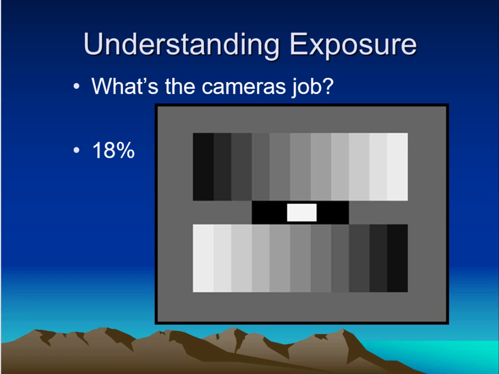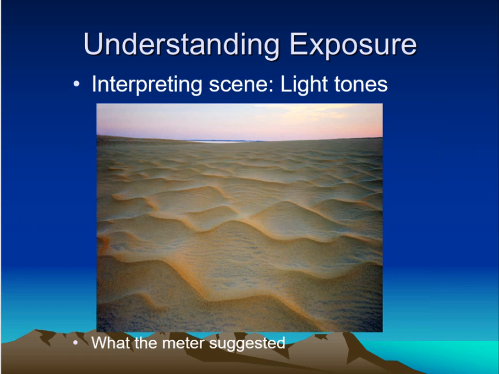Take all the tones of a scene, calculate how much quantity of each of those tones is in the picture, and then recommend an exposure, or if you're using automatic shooting modes like aperture priority, it'll pick it, and that's what you'll be taking your picture of. But it doesn't always work, and this is why it's really important to start understanding your exposure and how exposure works.